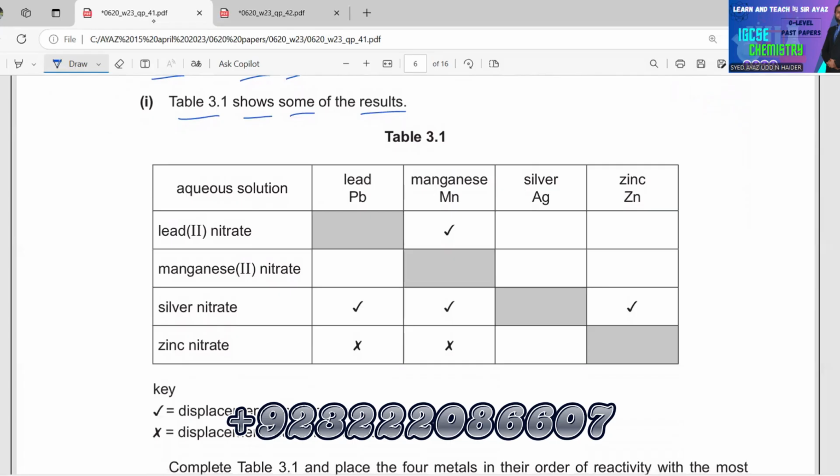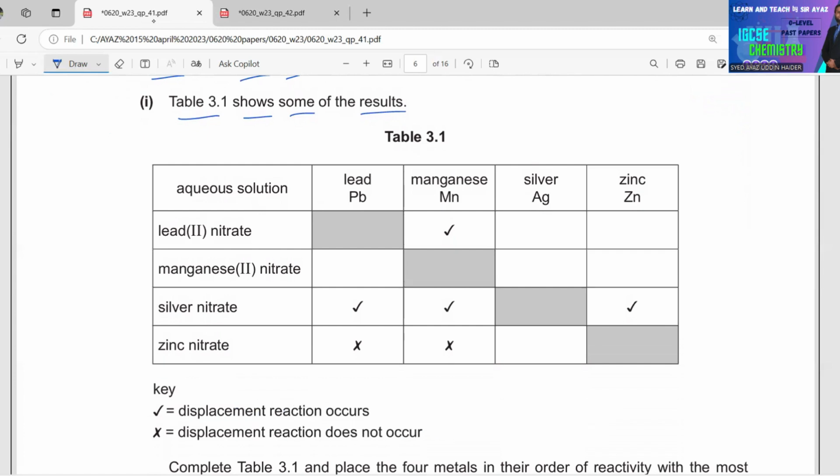If you look at the results, lead nitrate is displaced by manganese only. Manganese nitrate is not displaced by any of these metals. Silver nitrate is displaced by lead, manganese, and zinc.